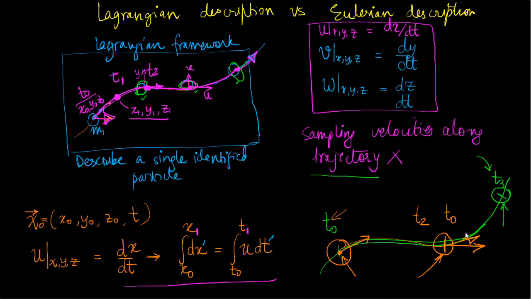So the Lagrangian description suffers from a drawback: if I did want to know the velocity at this particular point at t naught, I must initialize some particle originating over here at time t naught. I cannot originate a particle over here at t naught and expect to know the velocity at this particular time.